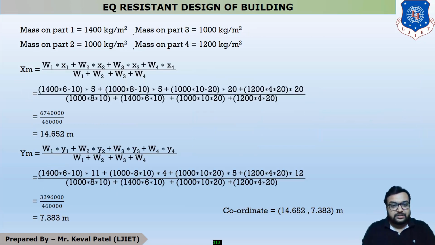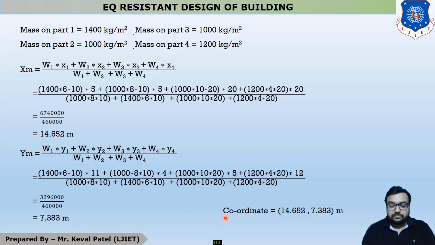After putting in all these values, we get our answer: xm is 14.652 in the x direction, and in the y direction your CG is 7.383 meter.